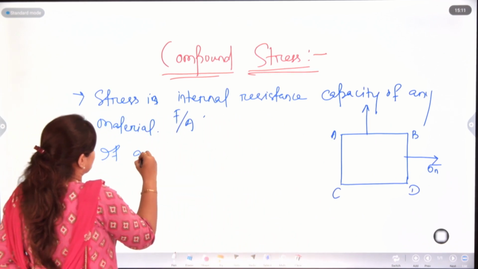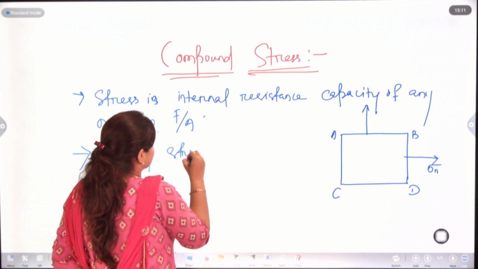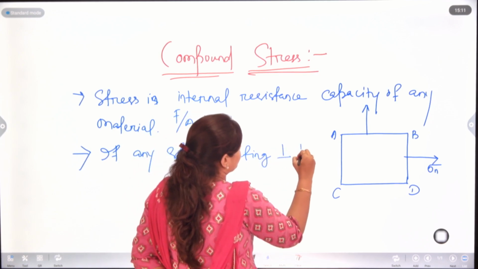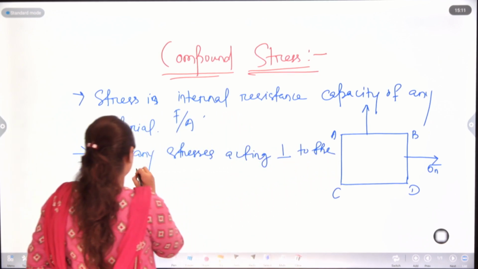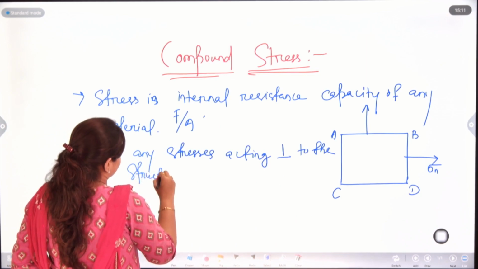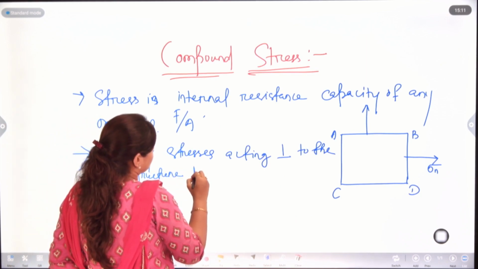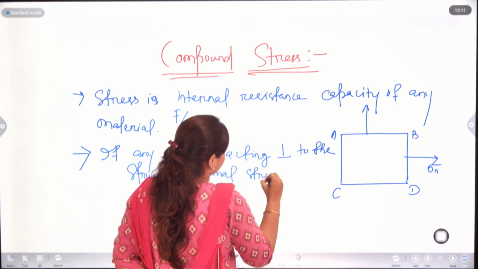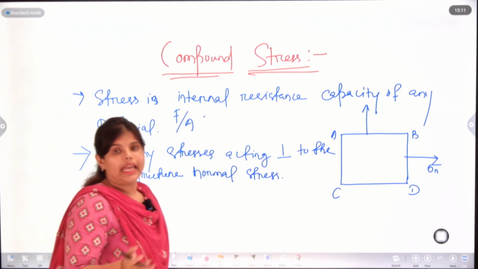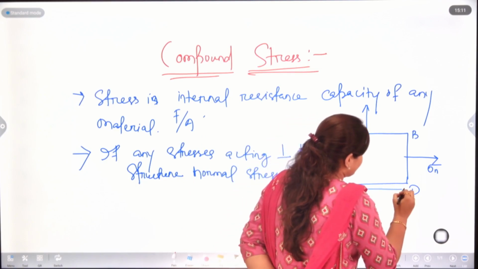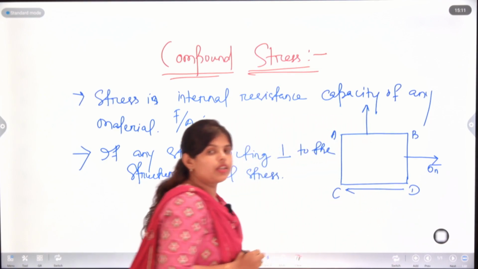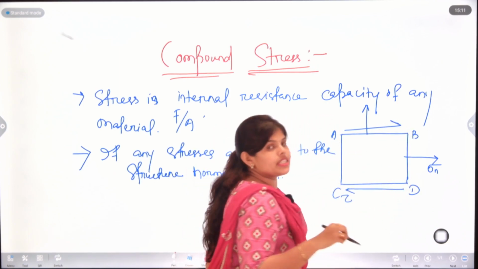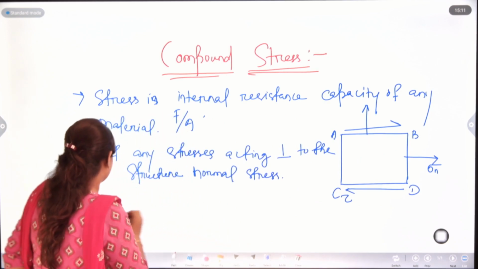Also, if the stress is acting parallel to the surface, that will be our shear stress. Shear stress always acts parallel to the body. We need to remember these things.